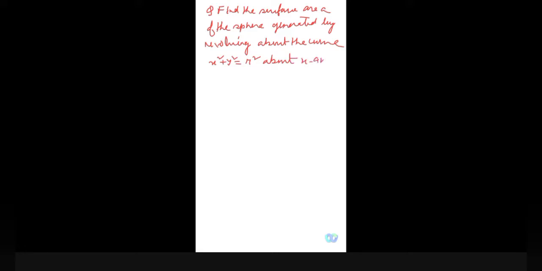It is a simple problem, and I think some of you know the answer. Write the question first. Find the surface area of the sphere generated by revolving the curve x square plus y square equal to r square about the x-axis.